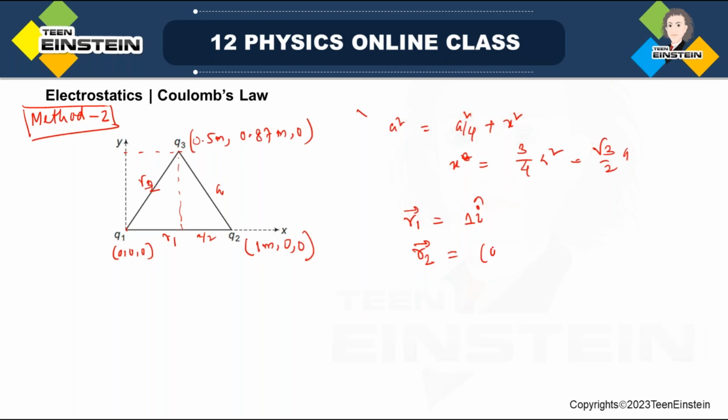It is actually 0.5 I cap plus 0.87 J cap plus 0 K cap. Okay, that means this is 0.5 I cap plus 0.87 J cap. These are the two vectors. So look, the forces we write here.